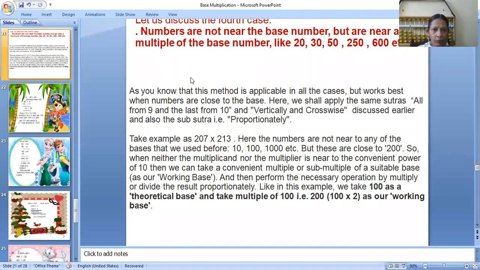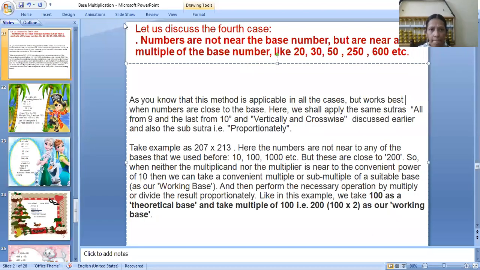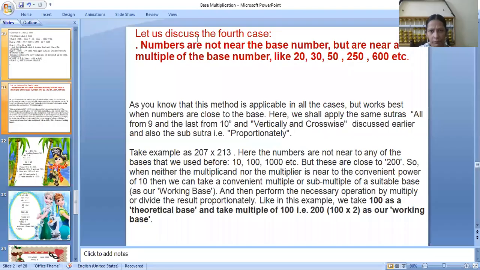So now I am going to discuss with you another example. See, this is my fourth case. 3 cases I have already discussed with you.